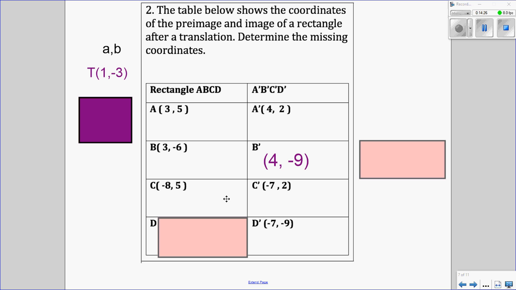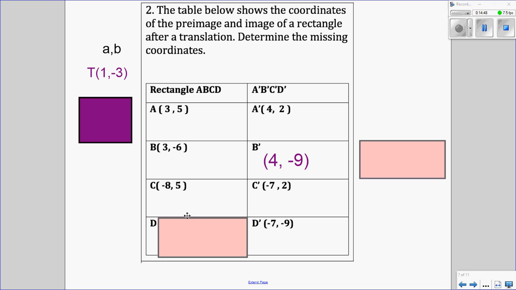That's doing one direction. Now we have to work backwards with D. We're starting with the image, and we need to know what the original was. Remember how we added to get from B to B prime, A to A prime, C to C prime, D to D prime. From D prime to D, we have to subtract.